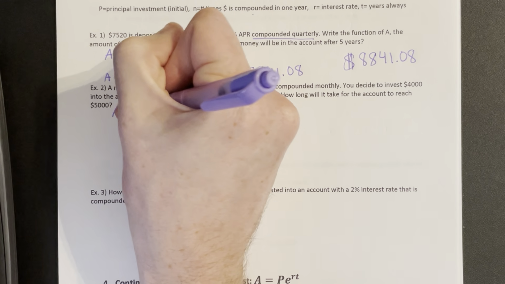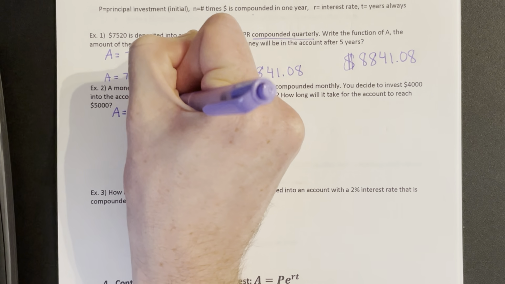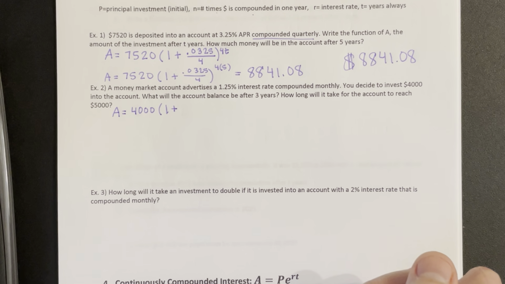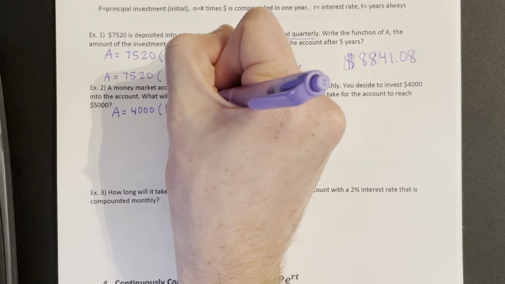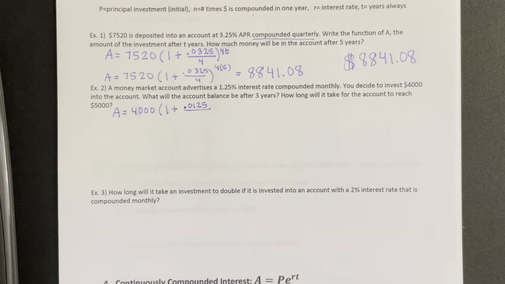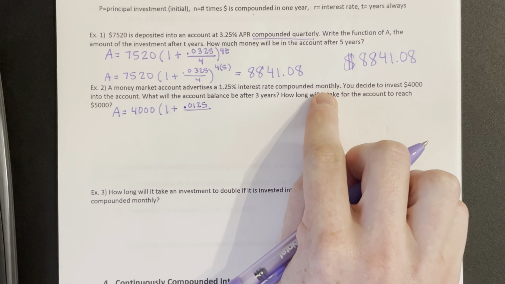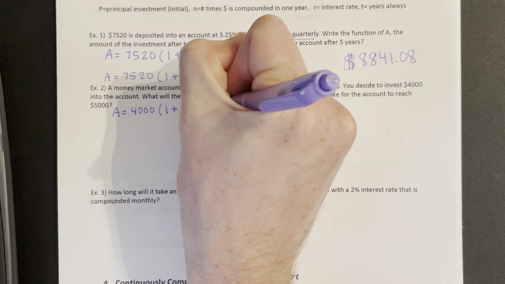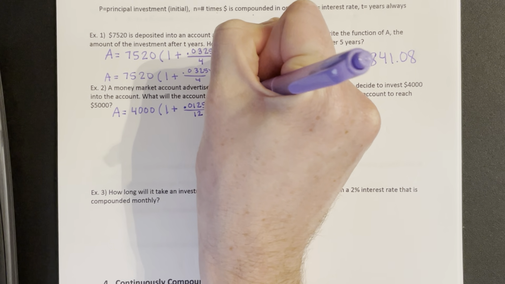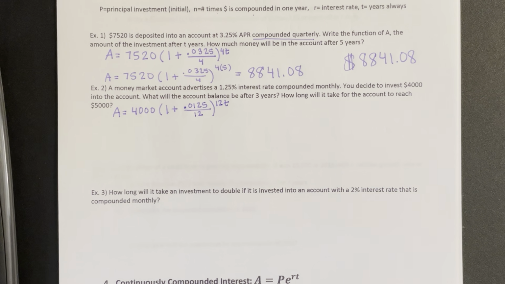If we invested 4,000, that's our principal amount. 1 plus my rate, well, the rate is 0.0125. But it's compounded, so we're dividing that rate. Compounded monthly means 12 times a year, so I'm going to divide by 12 to the 12t, because it's NT.